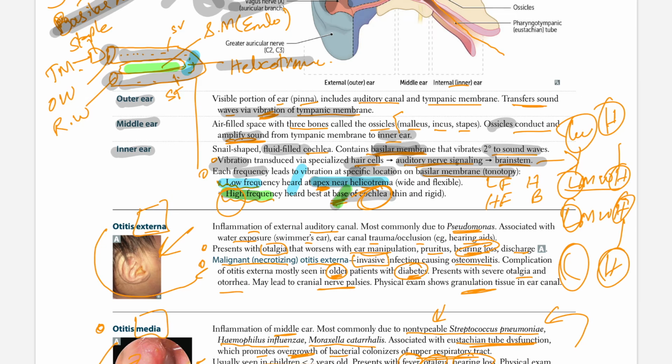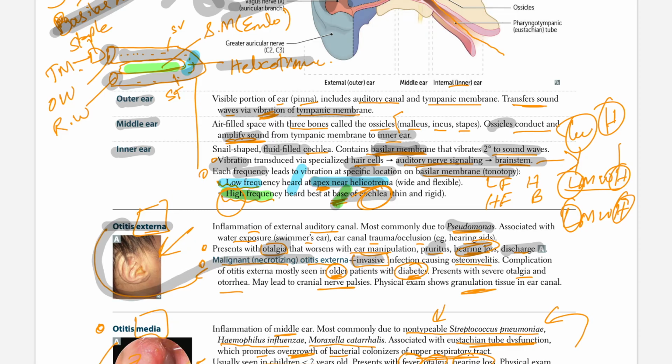But the next here, let me erase this part. Okay, we have otitis externa. Pretty easy. Otitis externa is all about Pseudomonas as the most common cause, and otalgia with pruritus, hearing loss, discharge. But importantly, it can cause necrotizing otitis externa. What is it?